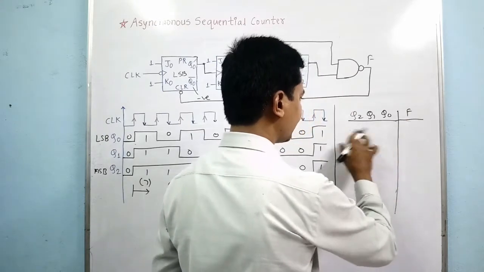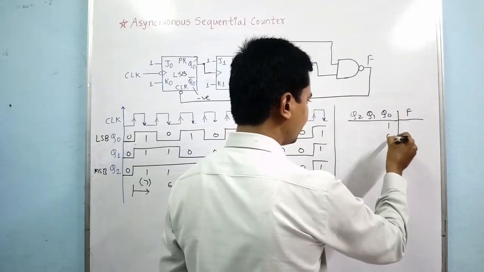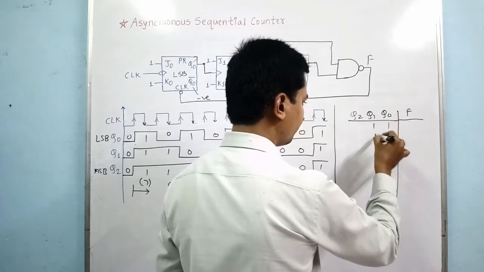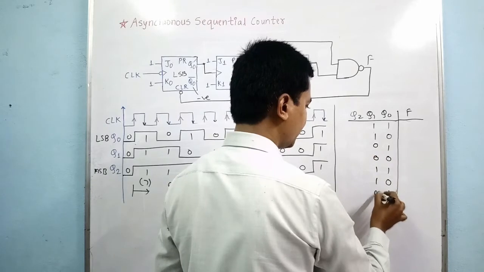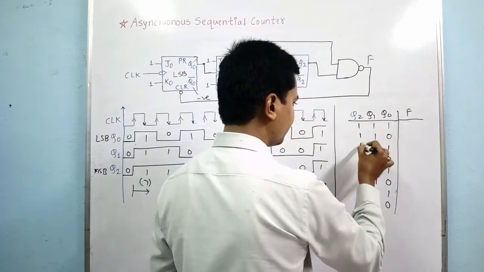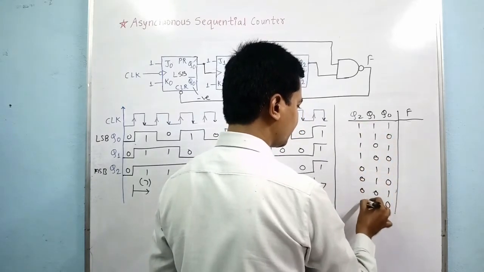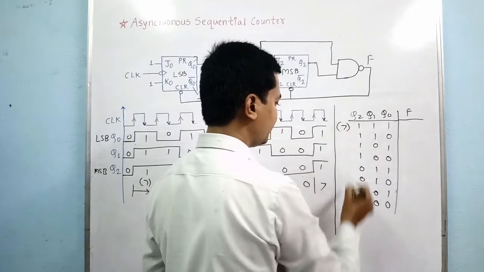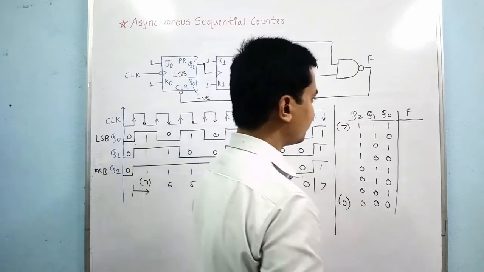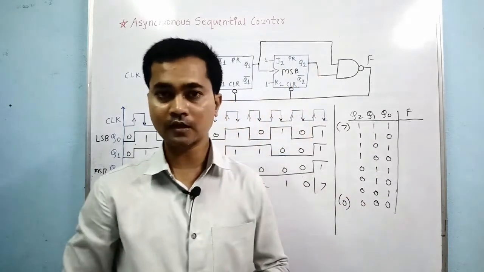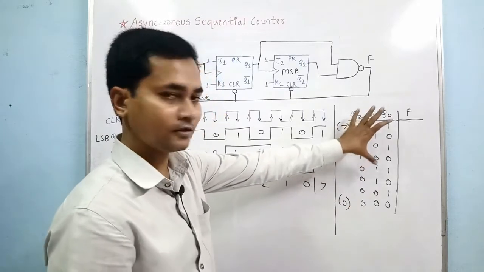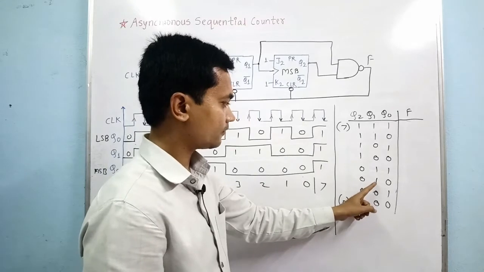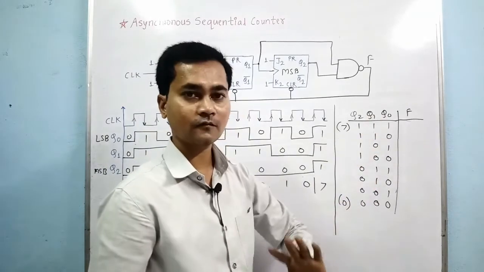So we will write the sequence in reverse order: 1 1 1, 1 1 0, 1 0 1, 1 0 0, 0 1 1, 0 1 0, 0 0 1, 0 0 0. This is just reverse order. This is value 7 in decimal and this is value 0 in decimal. For a mod 5 down counter, only the first 5 values should be considered, and the sixth value should reset to 1 1 1.